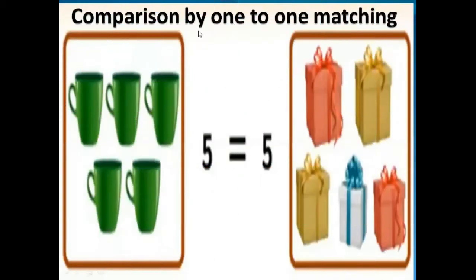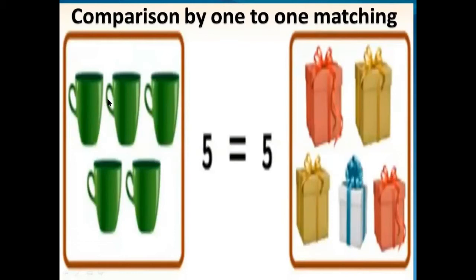Okay, now comparison by one-to-one matching. The next one: in the first group, we see cups. How many cups are here? 1, 2, 3, 4, 5. There are 5 cups here. In the other group we see gift packs. How many gift packs? 1, 2, 3, 4, 5.